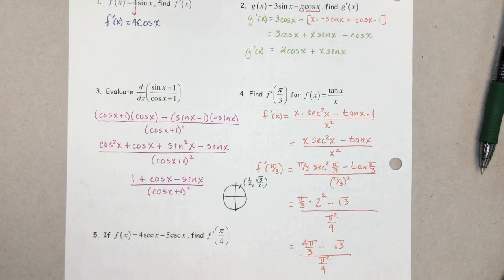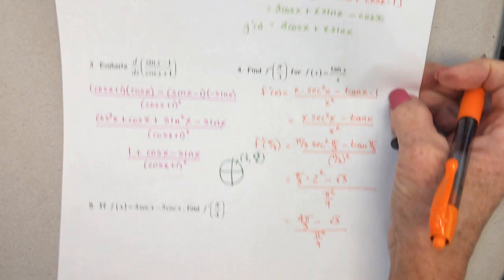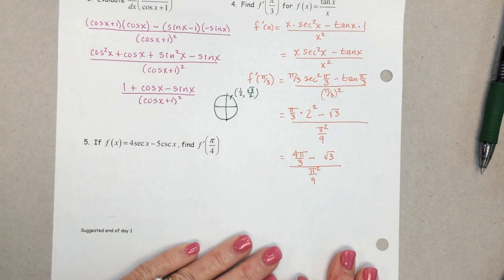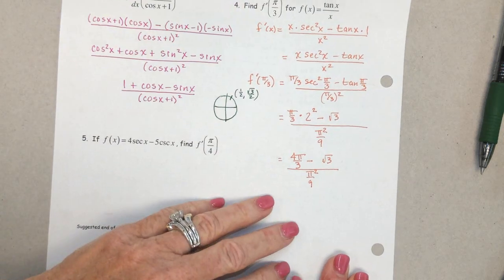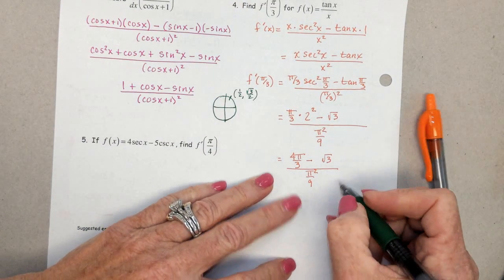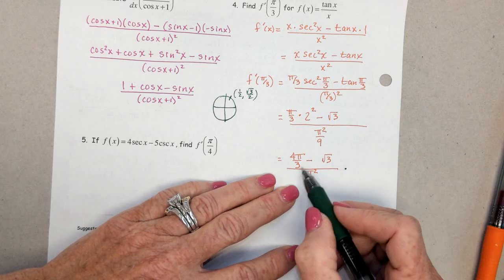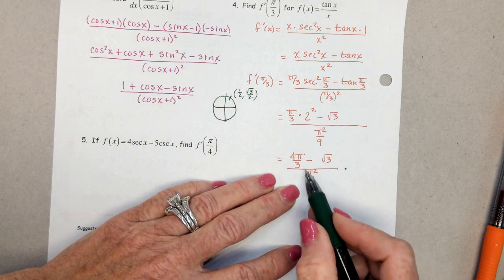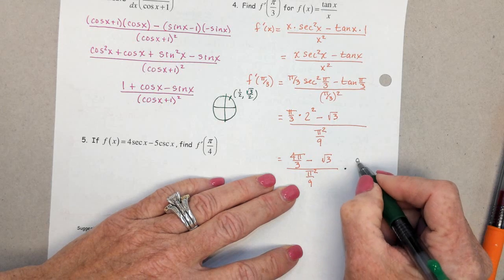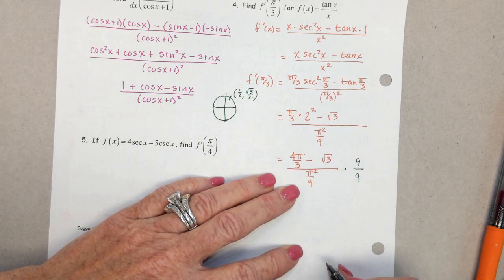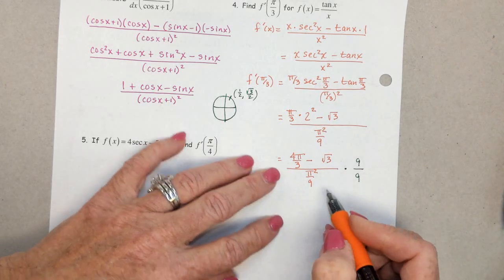All right, now, complex fractions. We don't want to leave complex fractions. So one of the things that you can do to clear the complex fractions is to multiply the numerator and denominator by the common denominator of all the denominators. And the common denominator of all the denominators is 9. So let's multiply by 9 over 9.